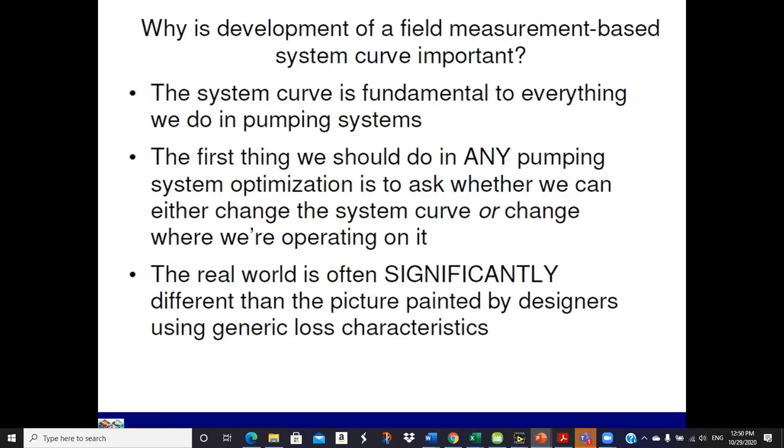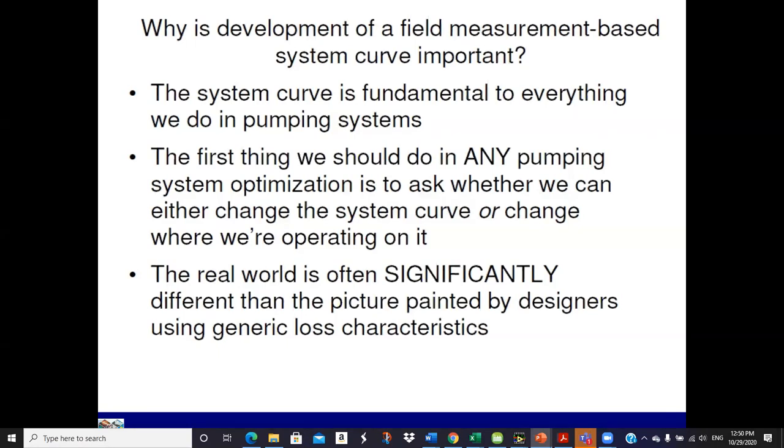First thing we should do in any pumping system optimization is ask whether we can either change the system curve or change where we're operating on it. And we've kind of seen that, and we'll see it some more. The real world is often significantly different from the picture painted by designers using generic loss characteristics.